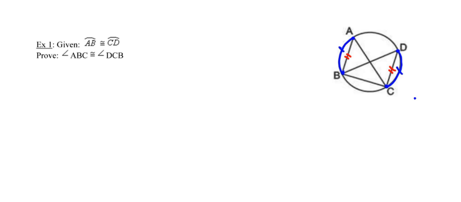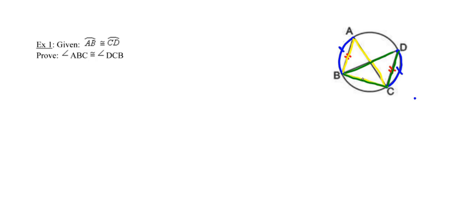And we're trying to prove why triangle ABC would be congruent to triangle DBC. So in other words, why the yellow triangle would be congruent to the green triangle. And I already have one pair of congruent sides, the chords that were given to me by the arcs.